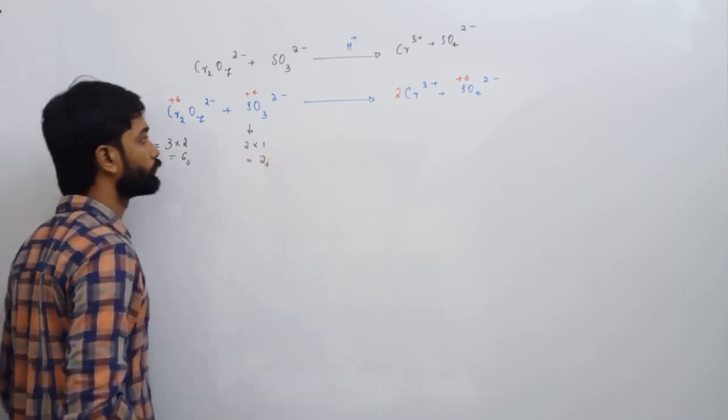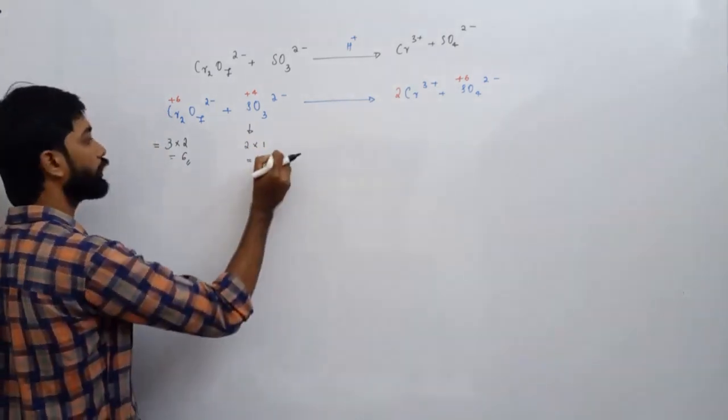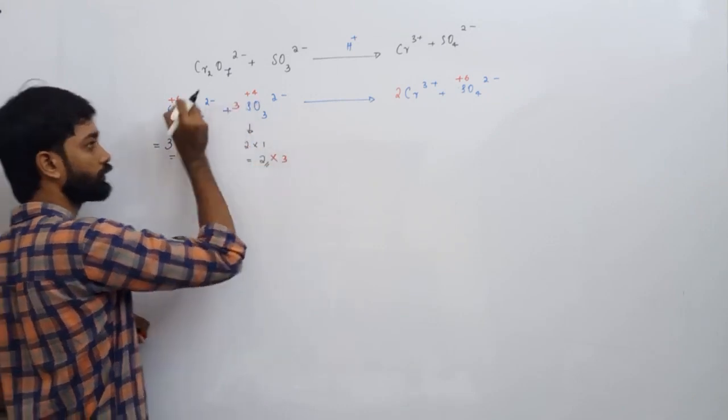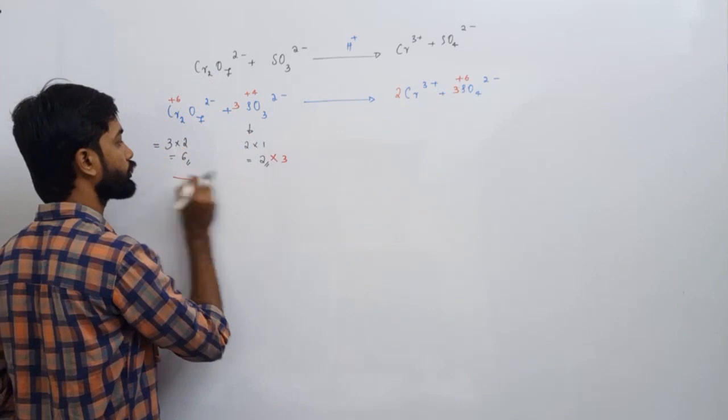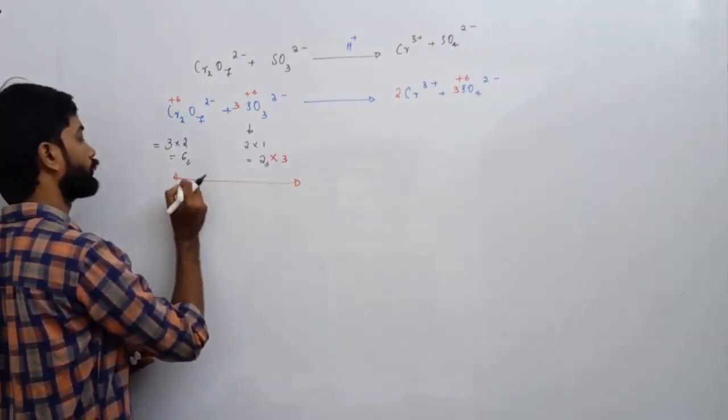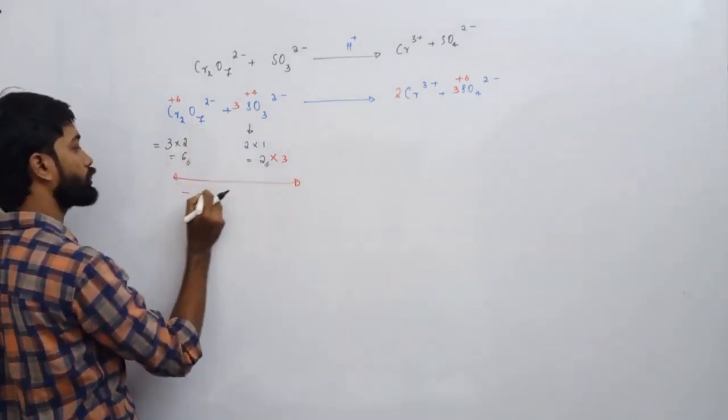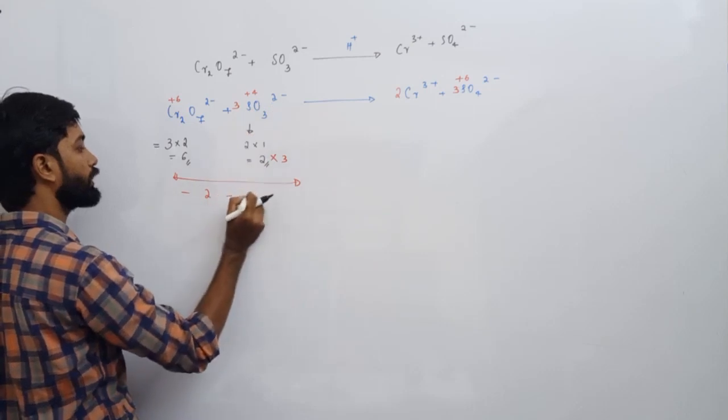So it will be 2. So you multiply here with 3. So here 3, here also 3. Then the charge: minus 2, the minus 6.